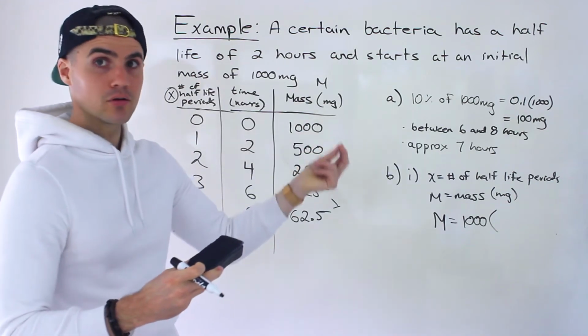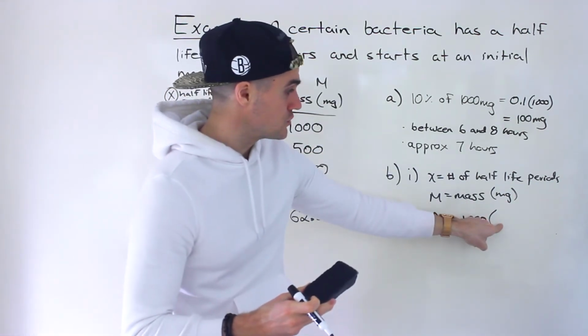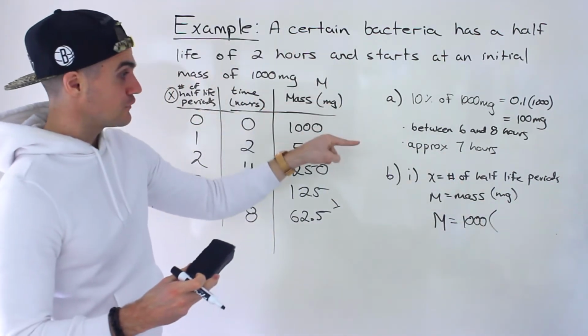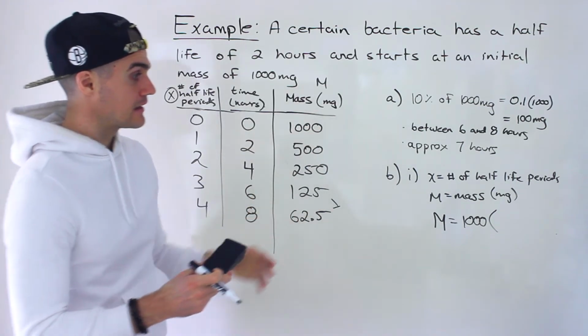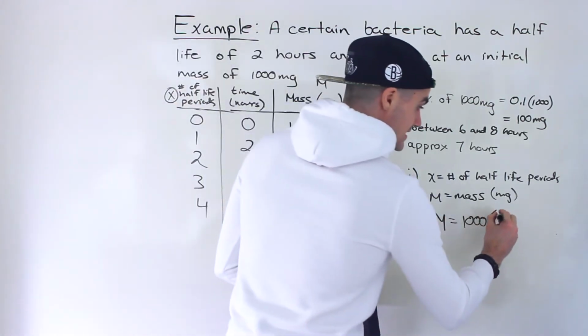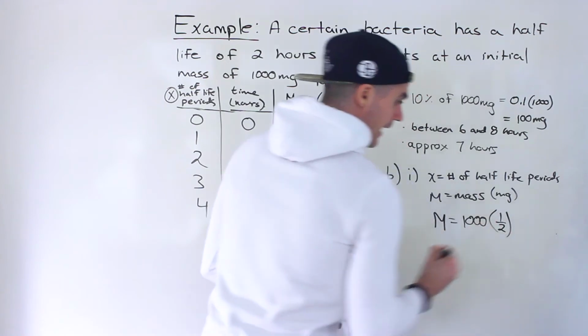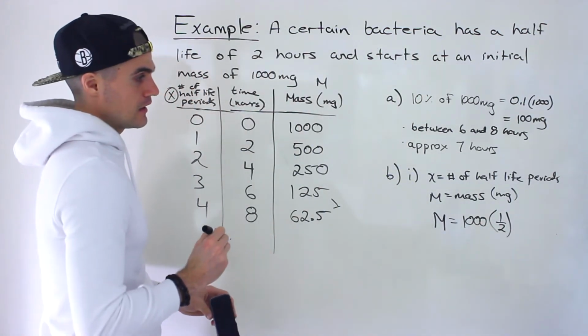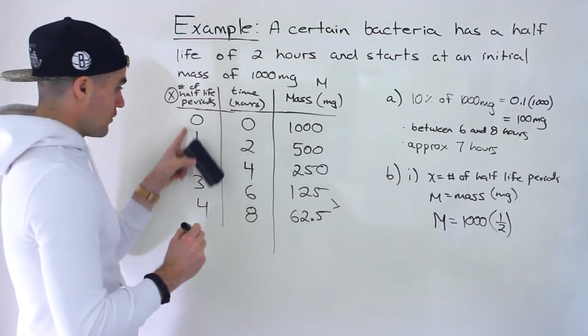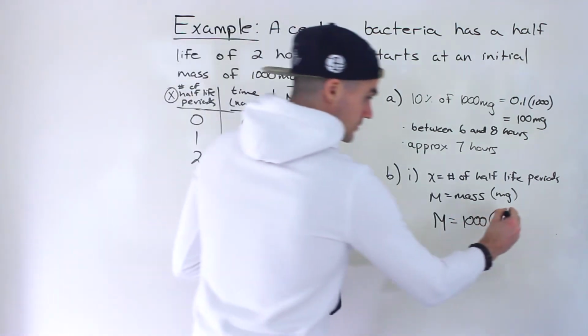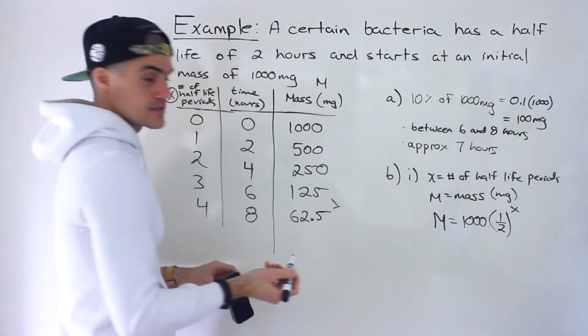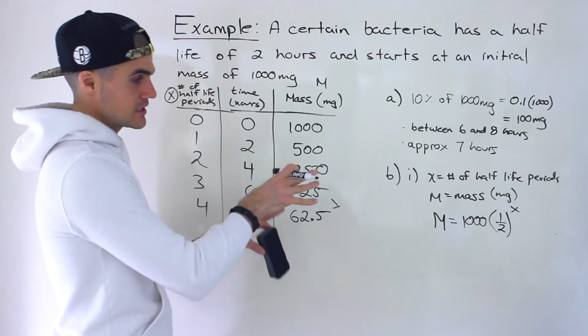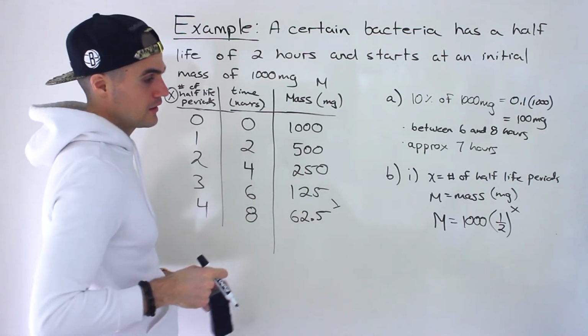We were given the doubling time, so that base was 2. Well, now we're given the half-life, meaning it's decaying. And so the base here is going to be 1/2. And then if we let x equal this column, all we have to do is take it to the power of x. So that's going to be the equation for part one in part B.